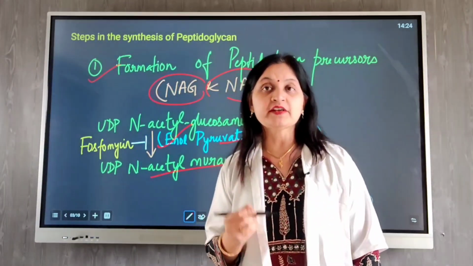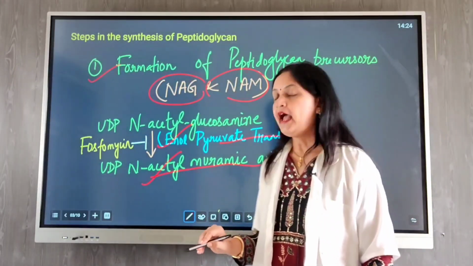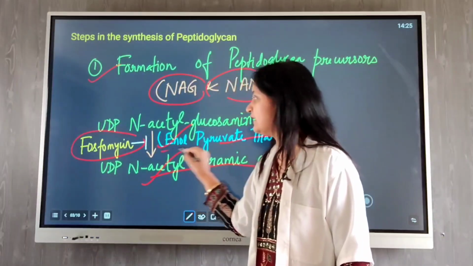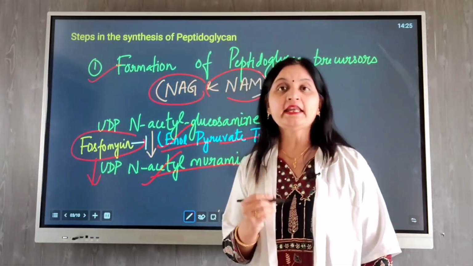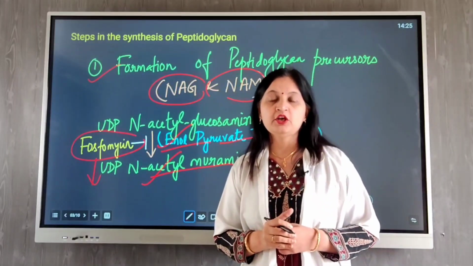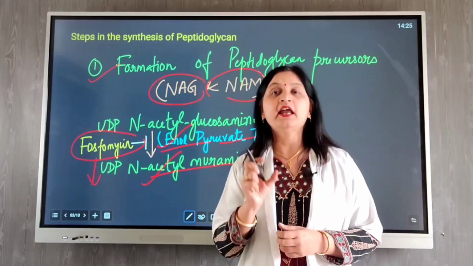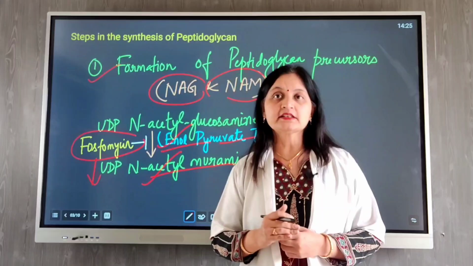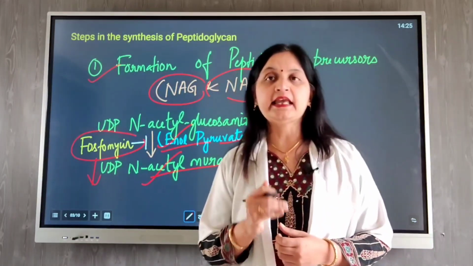An antibiotic known as fosfomycin inhibits this enzyme and decreases the formation of N-acetylmuramic acid, which is an essential component of the bacterial cell wall. So fosfomycin acts in the early steps of peptidoglycan synthesis. It decreases the formation of peptidoglycan monomers, as N-acetylglucosamine and N-acetylmuramic acid formation is inhibited.